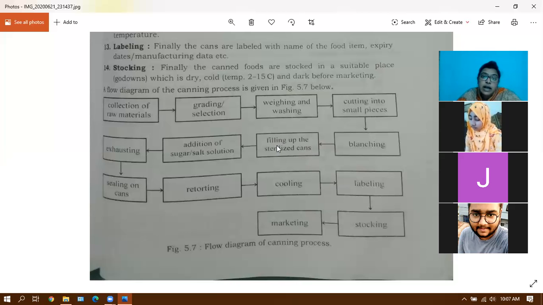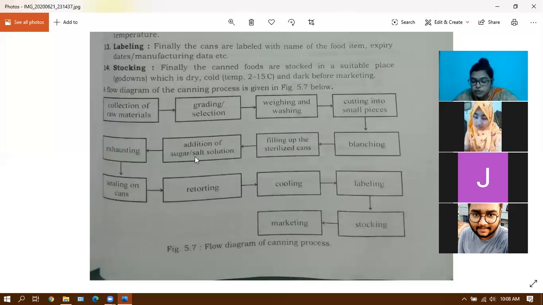And filling up means the food items after blanching are arranged in a uniform way in the sterilized cans so that salt and sugar solution can reach each part of the food items and heat may be reached uniformly.